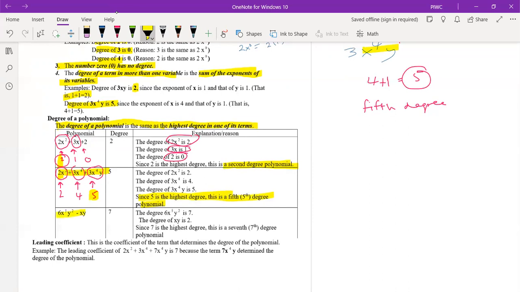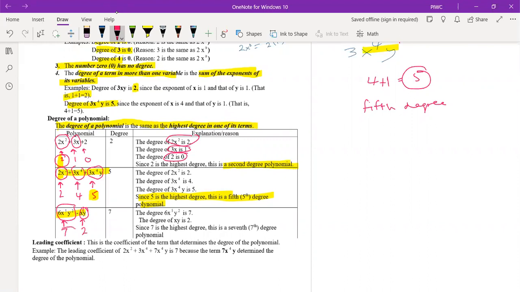This example. So the degree of the first term, 6x to the power 5 and y to the power 2. We have 2 variables in this term, so add up the exponents and that becomes the degree. So this is a 7th degree term. x and y in the same term, the exponents are 1 and 1, so this is a 2nd degree term.